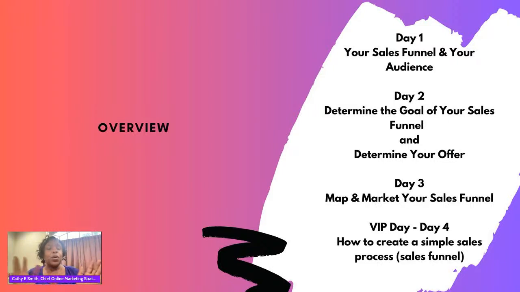And day four, if you signed up for VIP, is how to create a simple sales funnel process using whatever funnel tool you choose to use. But as part of VIP, I will share an all-in-one marketing system that anyone can use and set up their simple sales funnel.